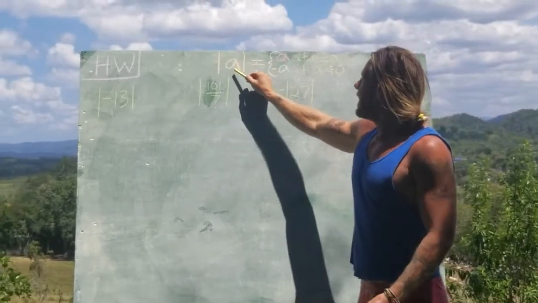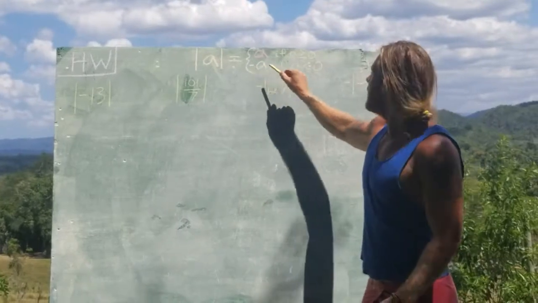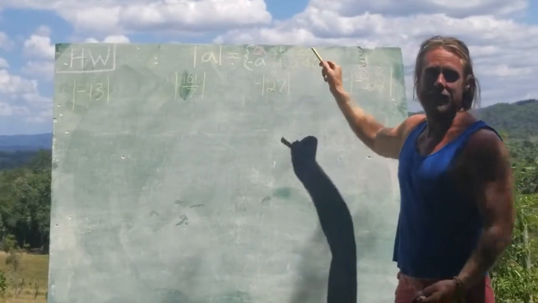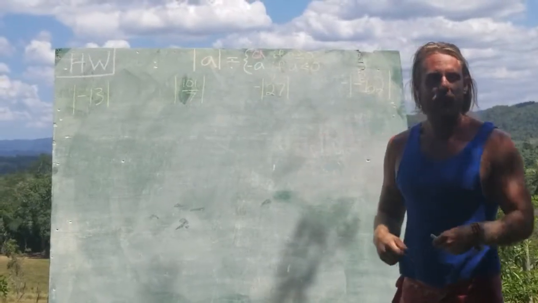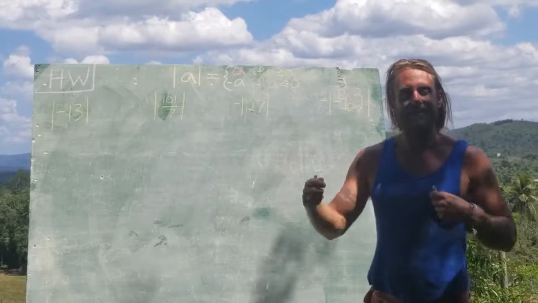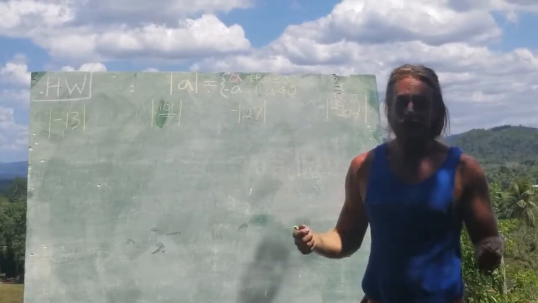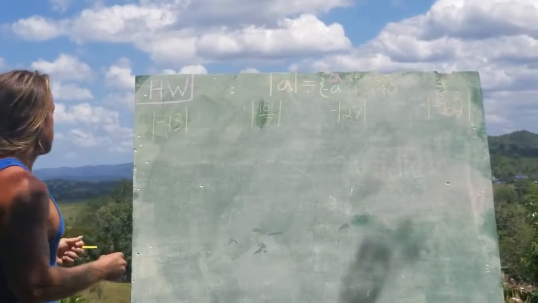The absolute value of A is equal to negative A, that is green negative A, if A is less than 0. So for these first few ones, we'll explicitly write that out. And again, we talked about geometrically what's going on as well, as the absolute value is the distance from a number A to 0. So this first one, negative 13, let's evaluate this.